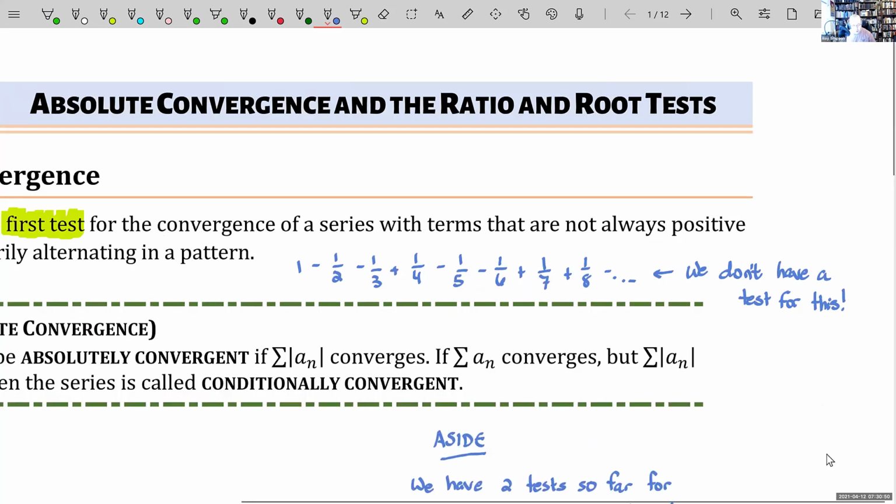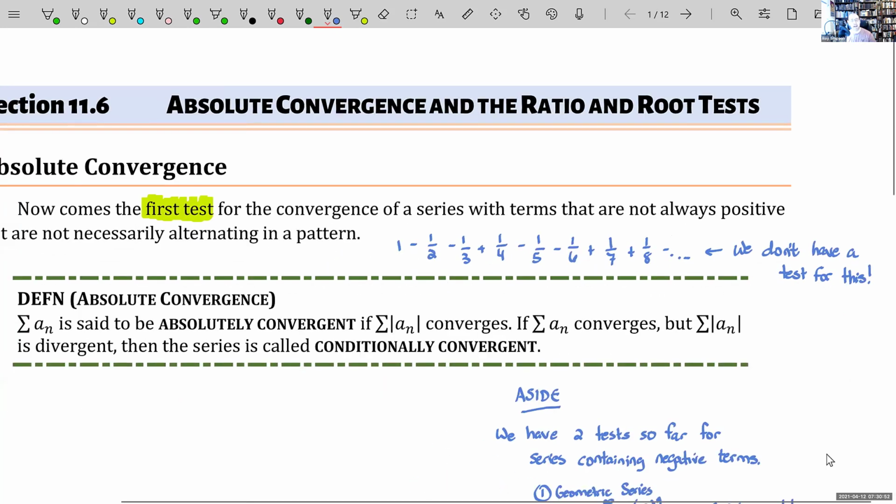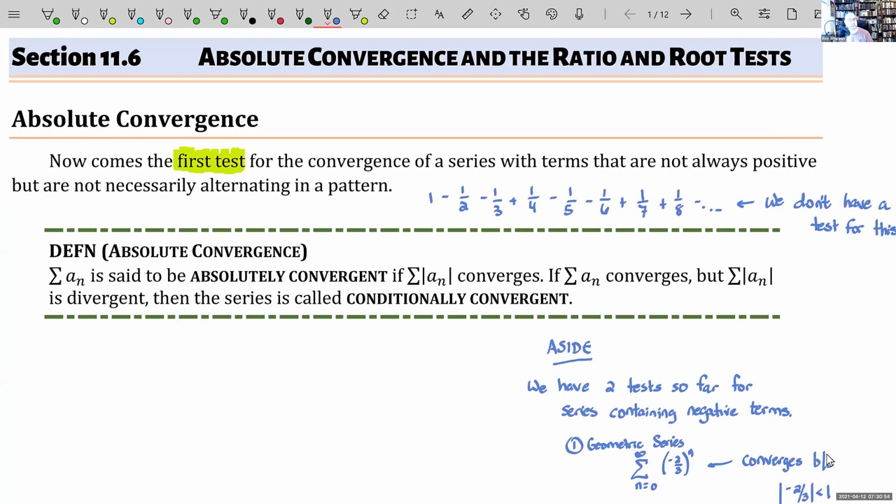Okay, so we need to build a test. That's what the ratio and root tests are for. That's a heads up as to what today is all about: what do we do if we have a series that's not necessarily popping back and forth between terms, but might have no pattern to the positive and negativity of the terms.